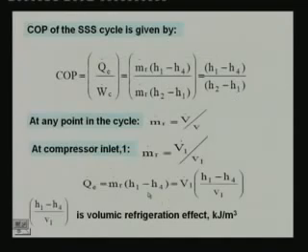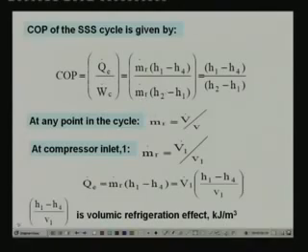Now finally the COP of the SSS cycle is given by Q dot E divided by W dot C. Q dot E is nothing but the refrigeration capacity, which is equal to M dot R into H1 minus H4, divided by M dot R into H2 minus H1. So this M dot R gets cancelled.